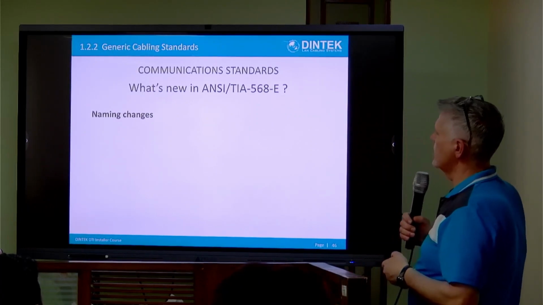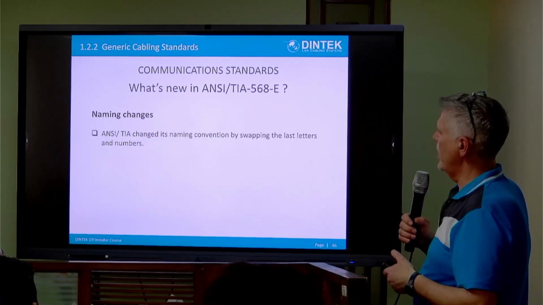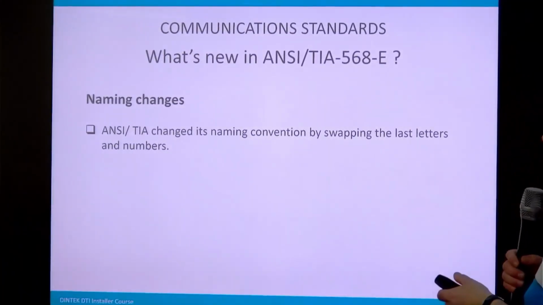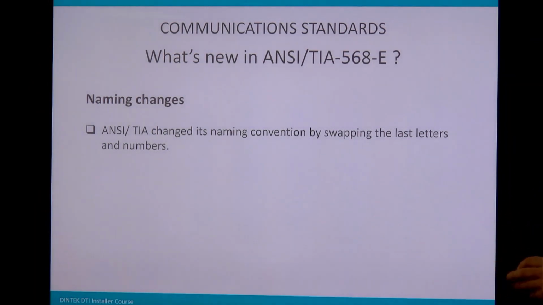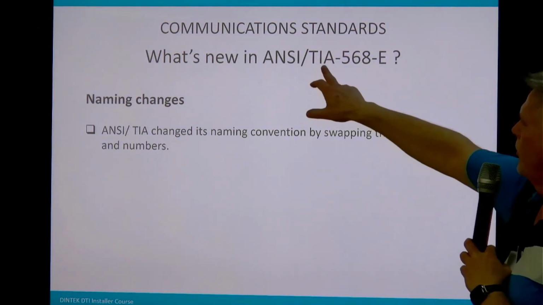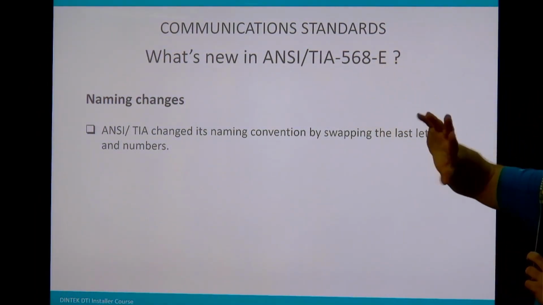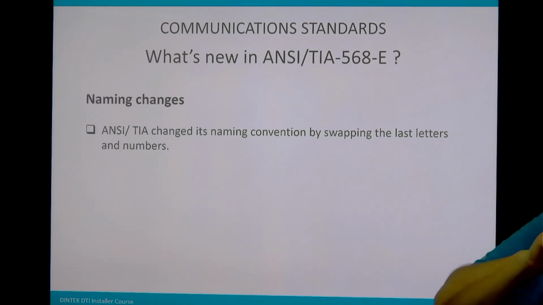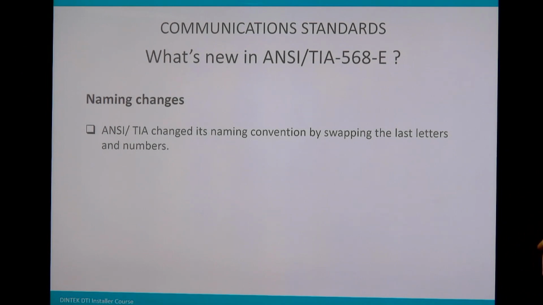So for the 568D and E, we had things like the naming changes. They were swapping around the way that they actually referred to this. Some of you who know cabling standards might remember that they called it, say, 568.2-B or .C.